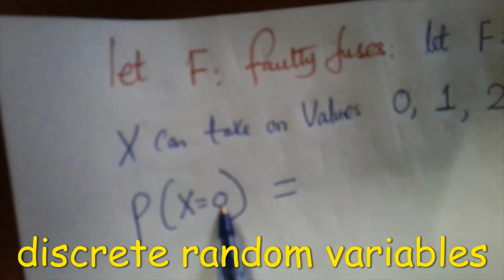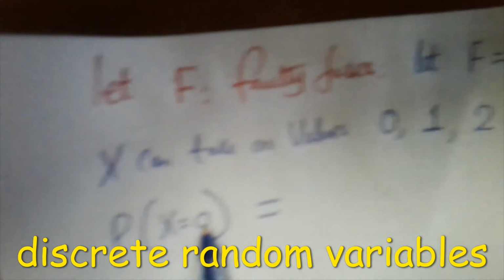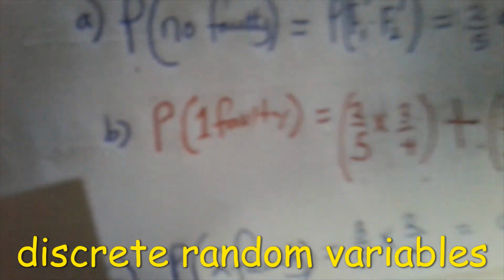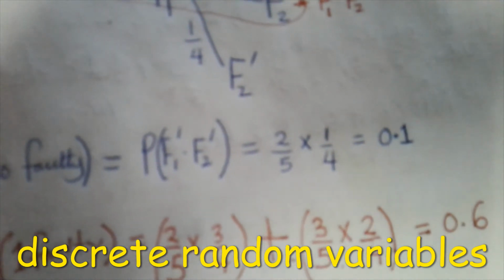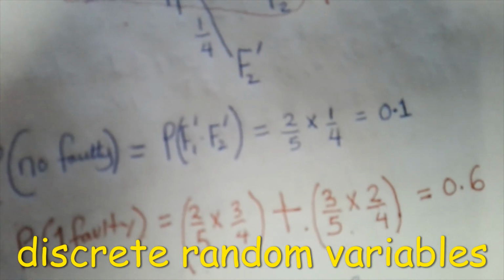We can have no faulty fuse, and in our calculation, the probability of having no faulty fuse is 0.1.